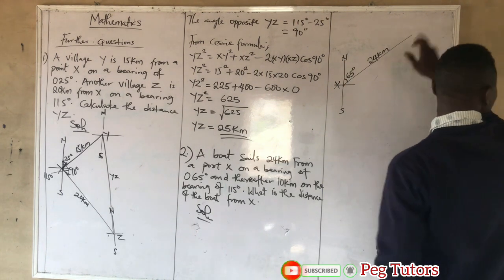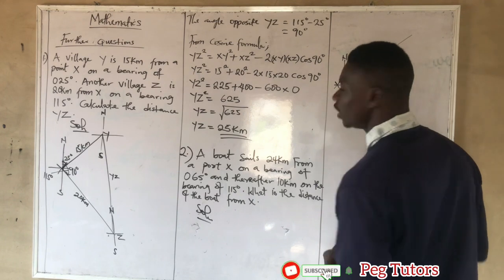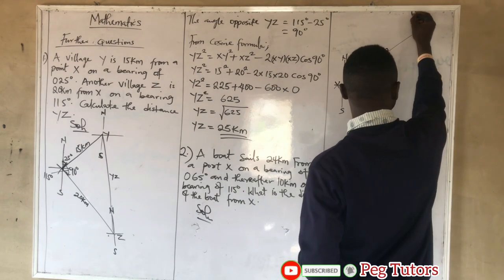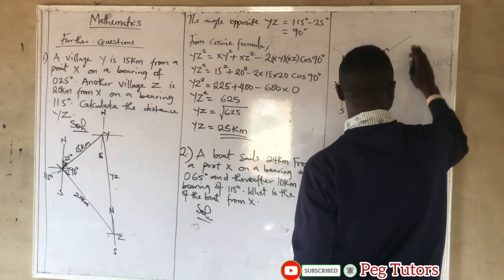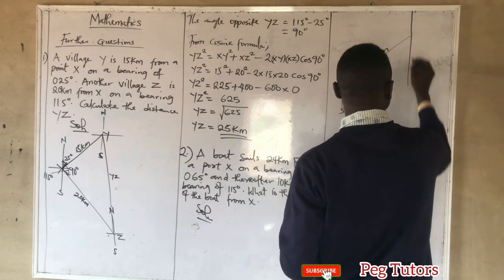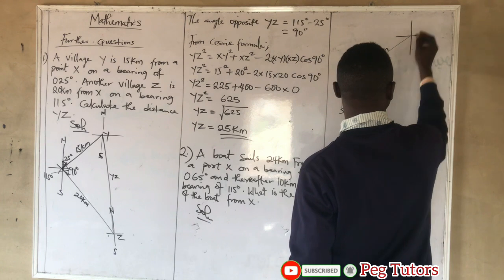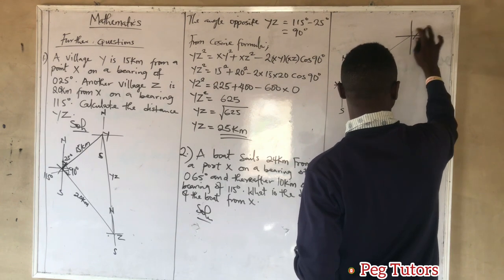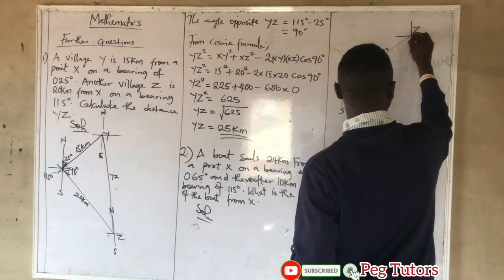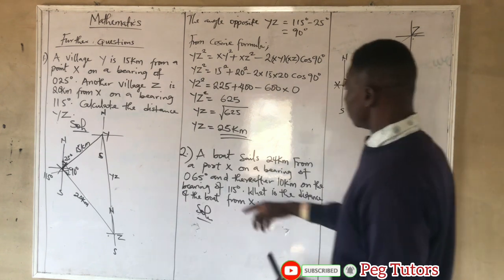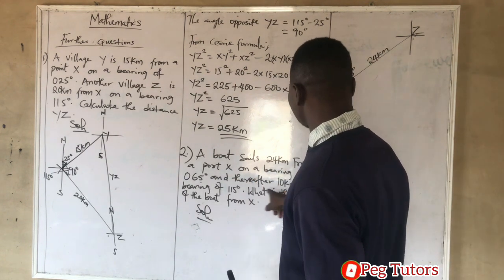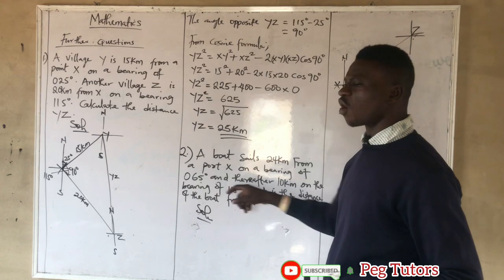Now, somewhere along this line, as it's sailing, is another position where it stopped momentarily and changed course. So let's assume this is position Y, where it got to. Reaching position Y, thereafter it moved 10 kilometers on the bearing of 115.